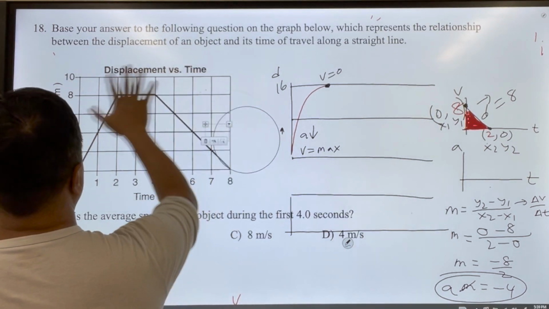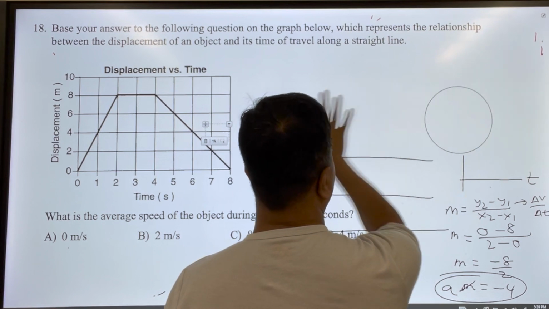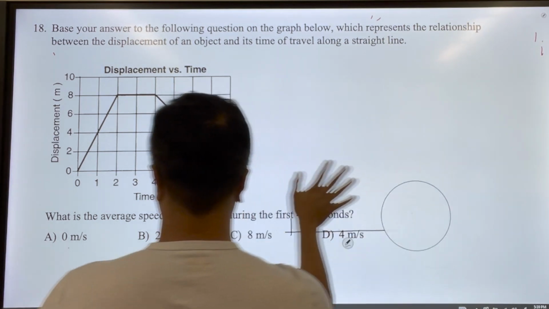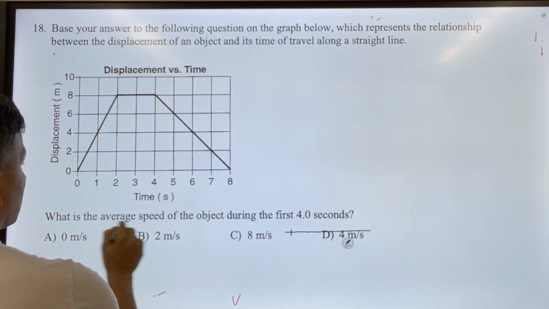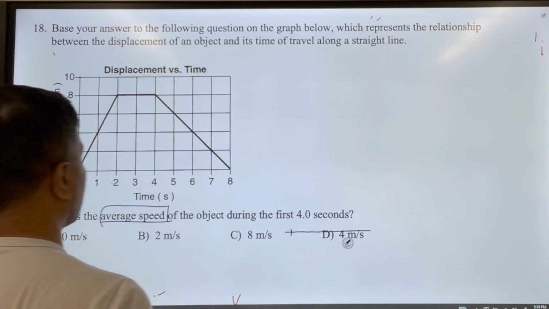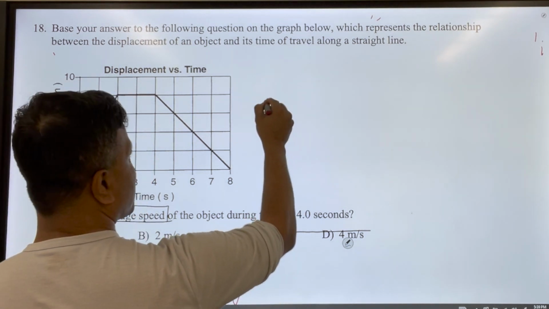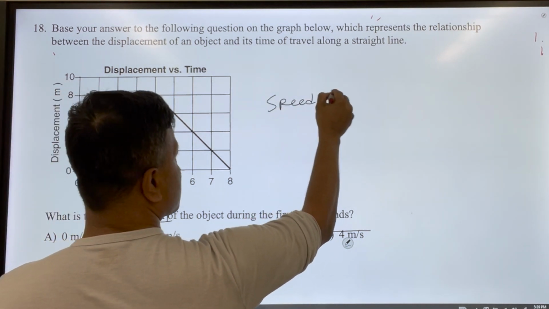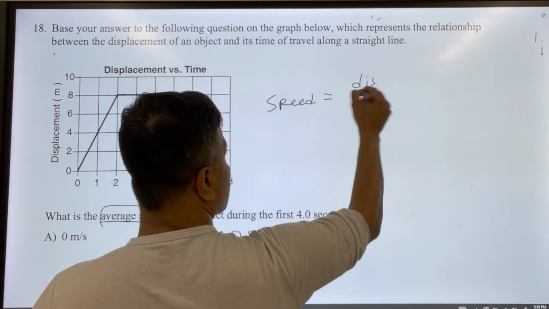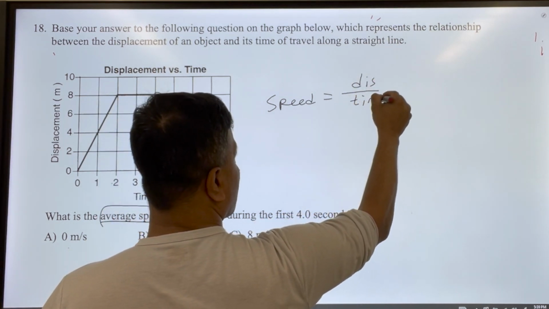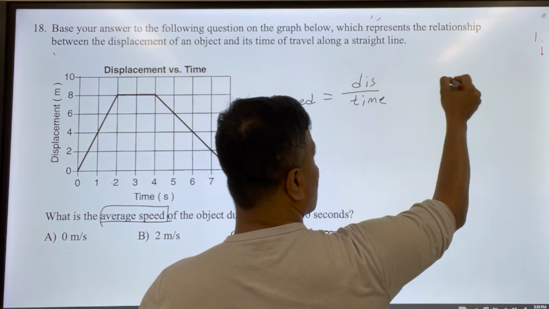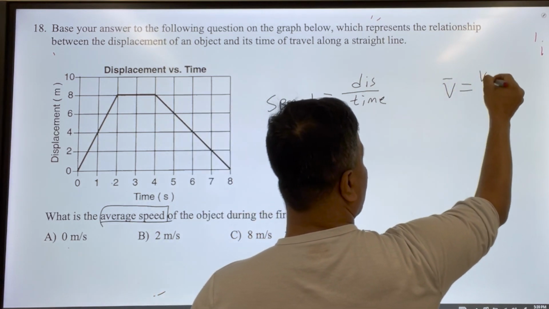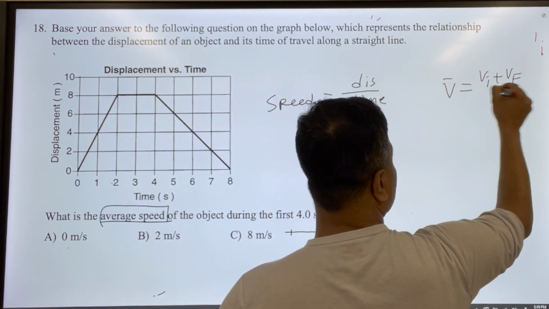Problem 18 is a displacement versus time graph. They ask us to find the average speed. Average speed has a formula. Speed is distance over time. All right, do not confuse it with this one: V is equal to Vi plus Vf over 2.